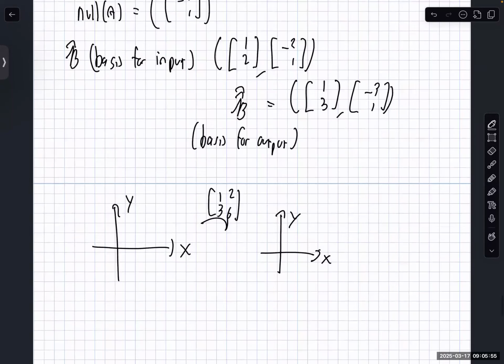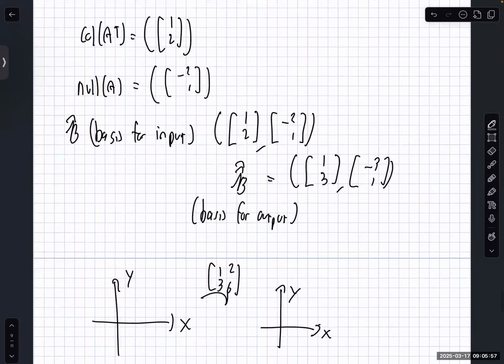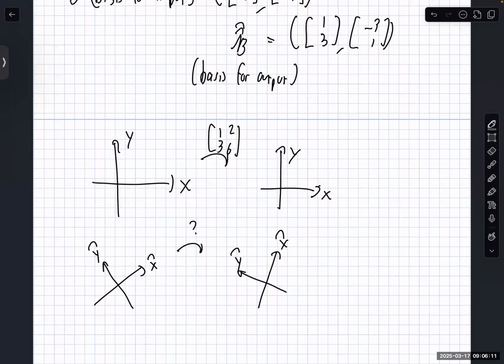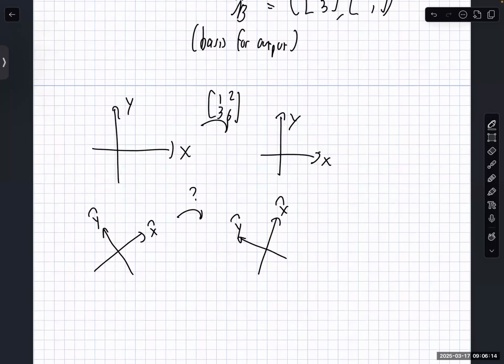And let's see, what was it? 1, 2. So it'd be more like this. And then it's steeper over here. I use double hats on this side.